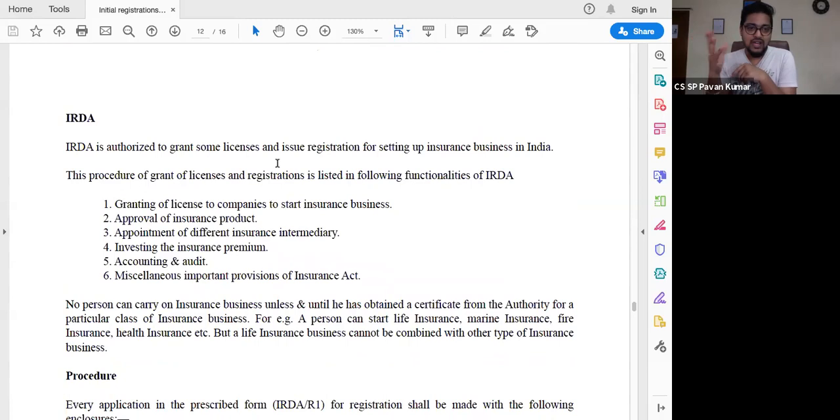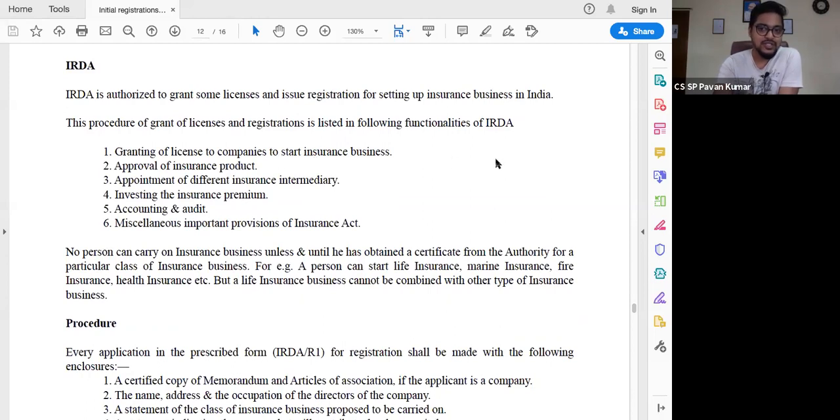For both I have to apply to RBI only. Both are online processes. Then comes IRDA: whenever I want to start an insurance-based company, I apply for IRDA registration, the Insurance Regulatory and Development Authority, which grants licenses and issues registrations for insurance business in India.